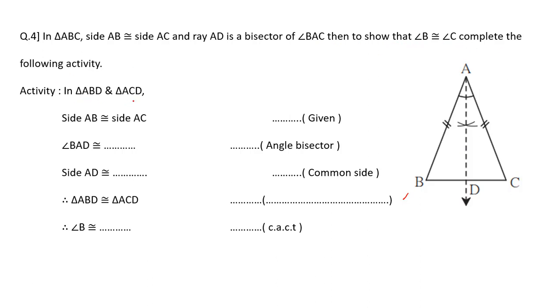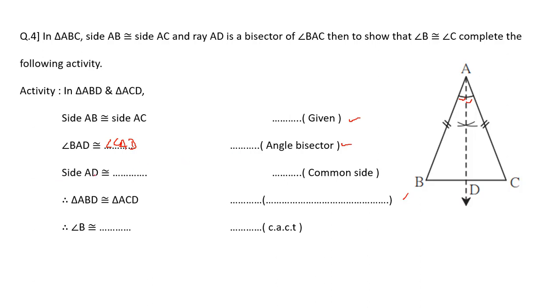In triangle ABD and triangle ACD, side AB is congruent to AC. Look here, it is given, right? Now angle BAD, this angle is congruent to CAD. So we write here angle CAD, right, by using angle bisector.